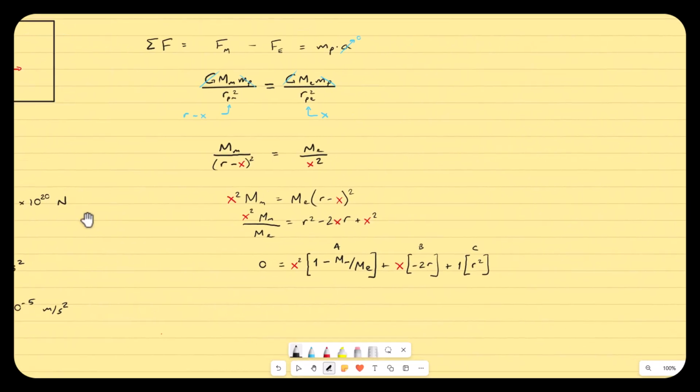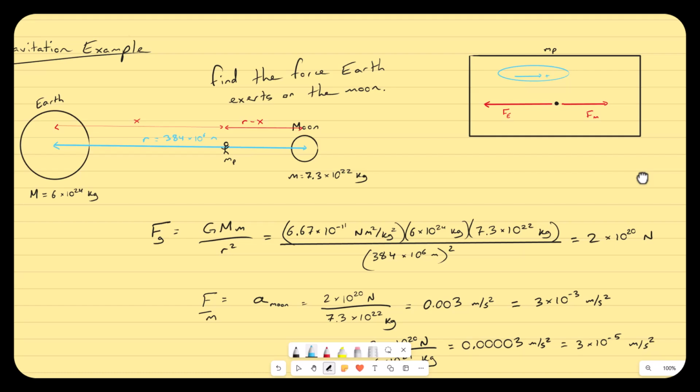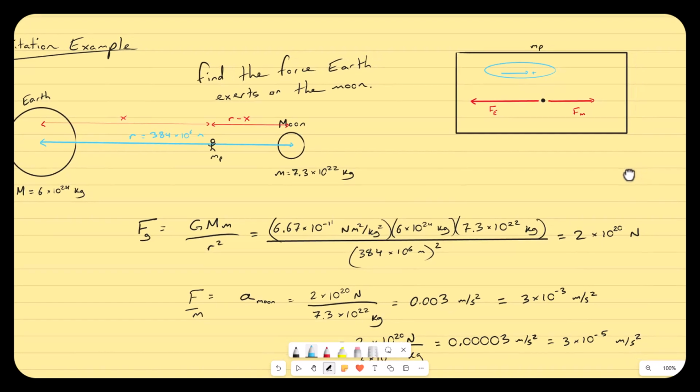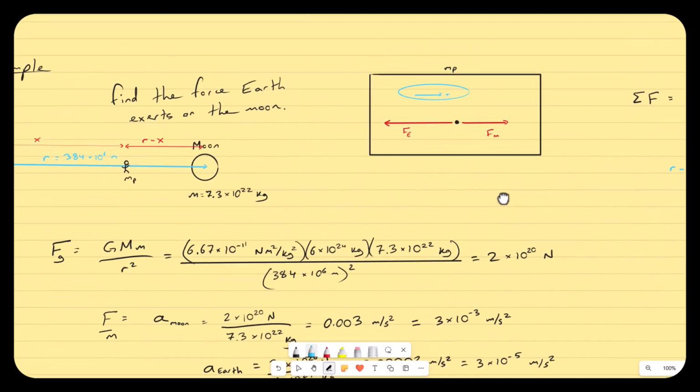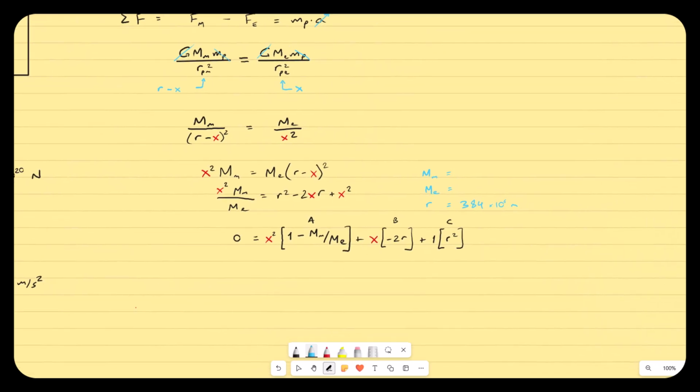I've got a mass of the Moon, mass of the Earth, and r that all need to go into this equation. r is 384 times 10 to the 6th meters. Mass of the Moon, 7.3 times 10 to the 22nd kilograms.